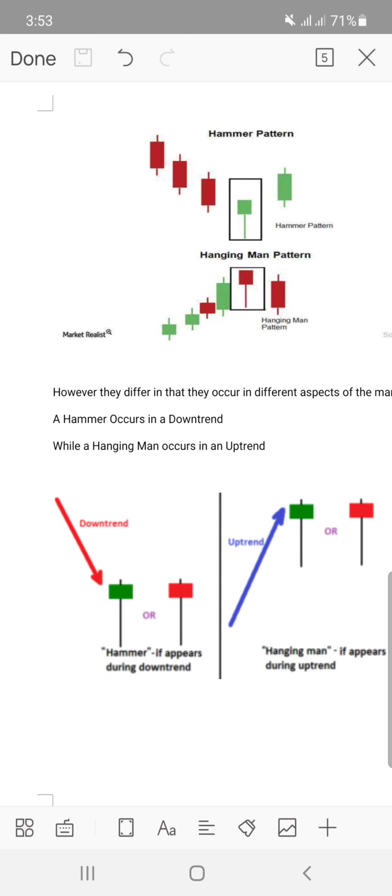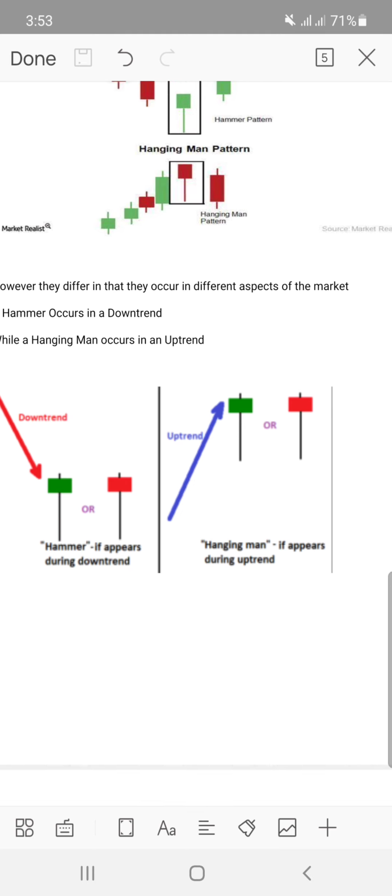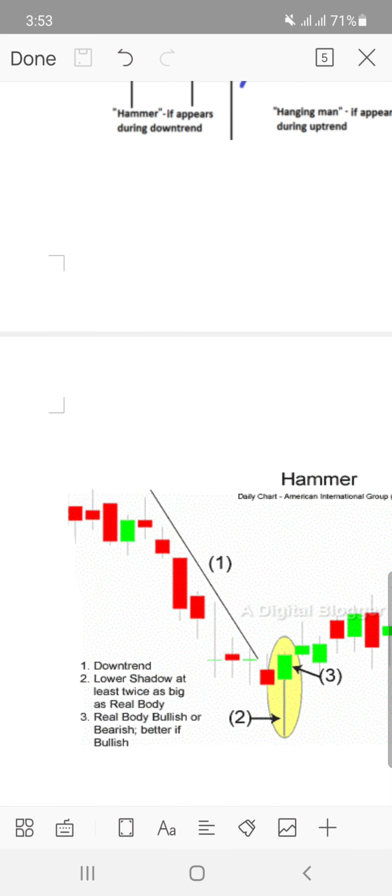The only difference is the location they occur. A hammer occurs in a downtrend, while a hanging man occurs in an uptrend. Like I've explained, this is just a graphic representation: hammer if it appears during a downtrend, hanging man if it appears during an uptrend, right?